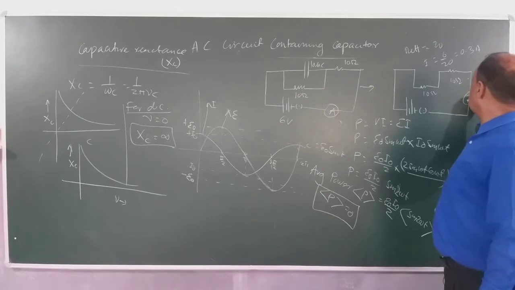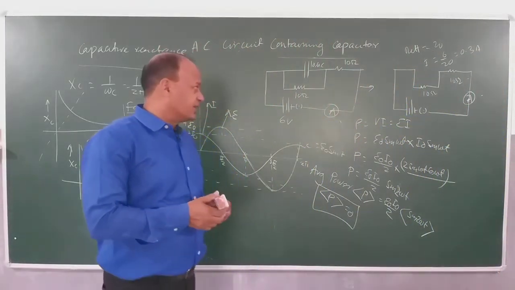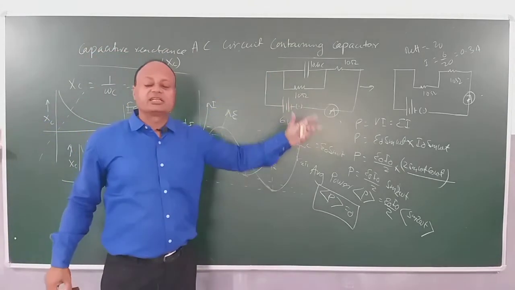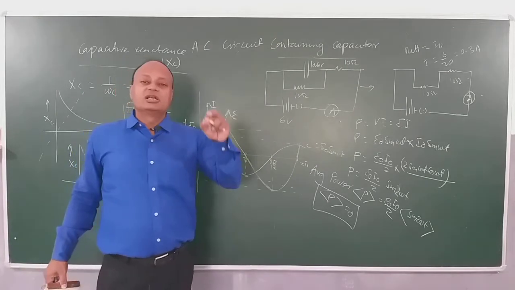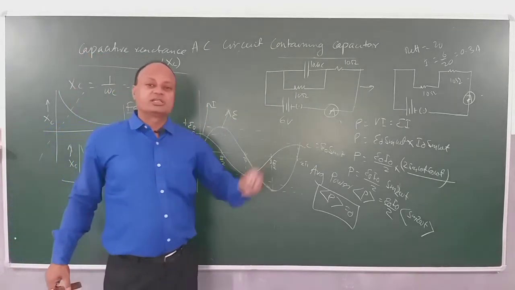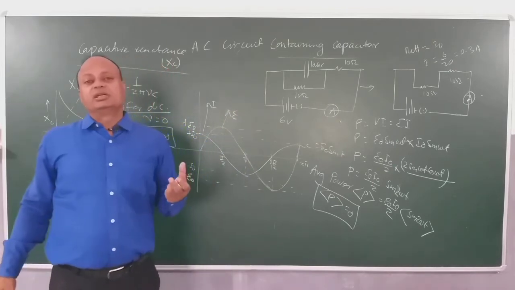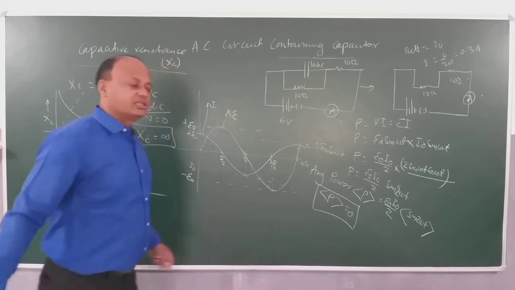So what will be the reading of this ammeter? 0.3 ampere. So you can get problems like this where you will see a capacitor connected across a DC source. When you connect a capacitor across a DC source, it will block the DC, the circuit will be as good as off.